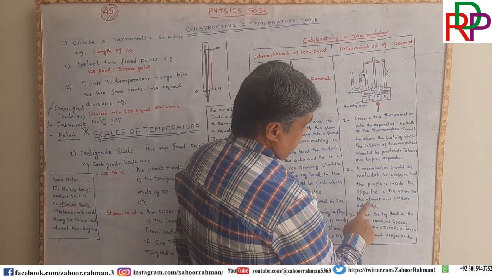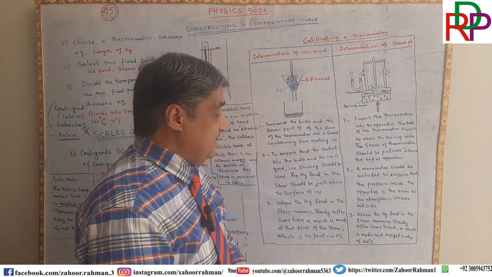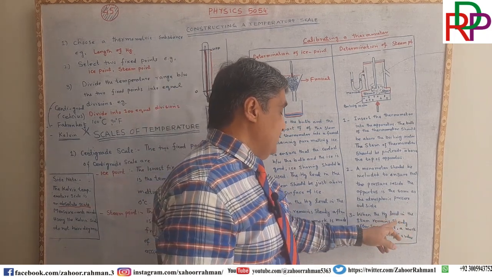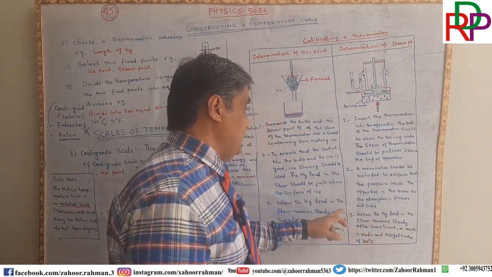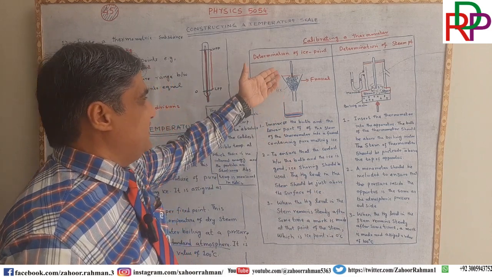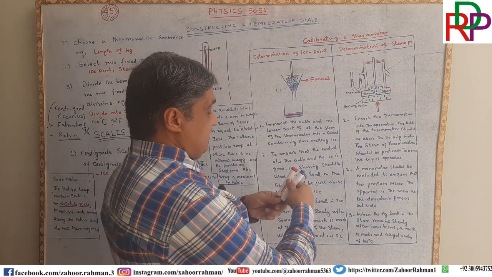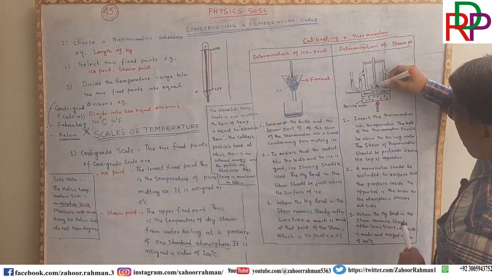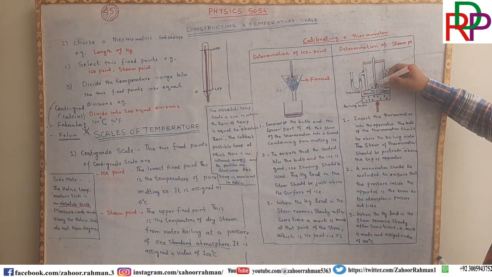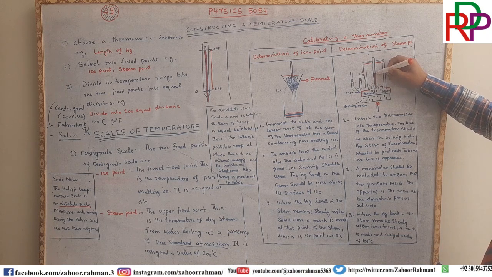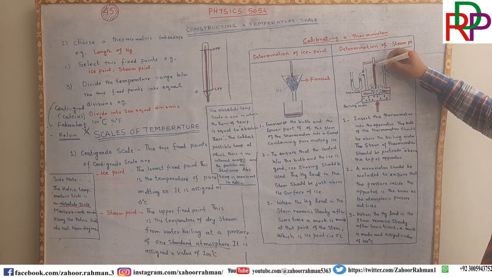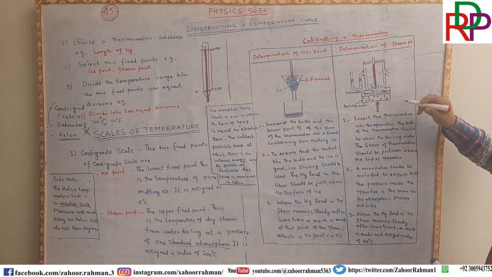Okay, the second part, the apparatus is the same. The third part, when the mercury level in the stem remains steady, as was the case in the determination of the ice point. The mercury level will go like this, up, up, up. It will expand due to the thermometric property, which is that it expands linearly.